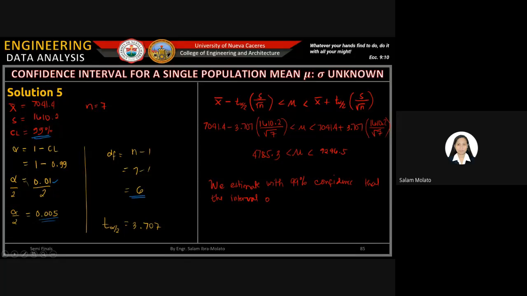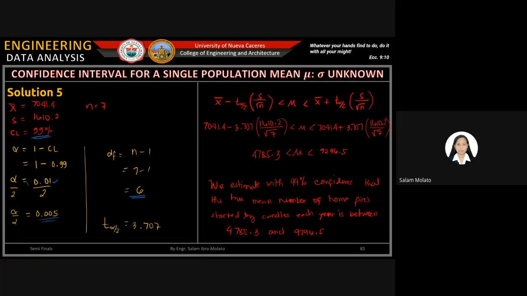The true mean. So we estimate with 99% confidence that the true mean, not the interval, sabihin natin, true mean number of home fires started by candles each year is between 4785.3 and 9296.5.